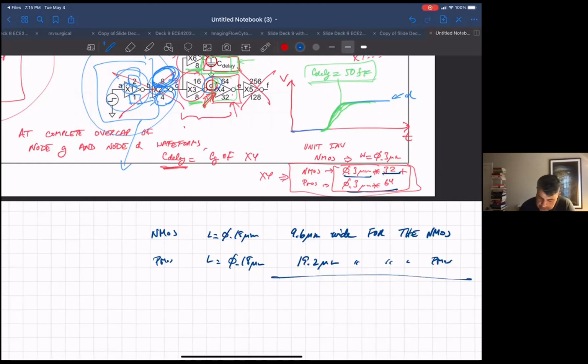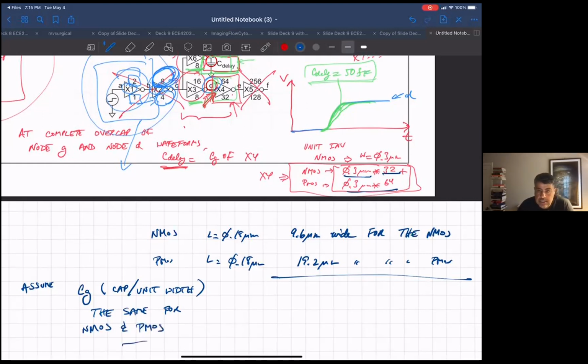So the total width of the device, both N and P combined. For the sake of discussion, assume C sub G, the capacitance per unit width, is the same for NMOS and PMOS.